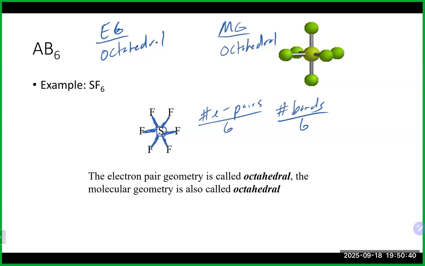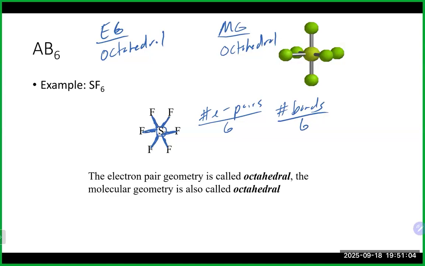Now, up until this point, what we have seen is both the electron pair geometry name and the molecular geometry name are exactly the same. And again, they are exactly the same because when we look at the Lewis structure, for example, there are no non-bonding electrons there, so there are no lone pairs. So as I've been talking about, the only type of electrons we have present are bonding electrons.